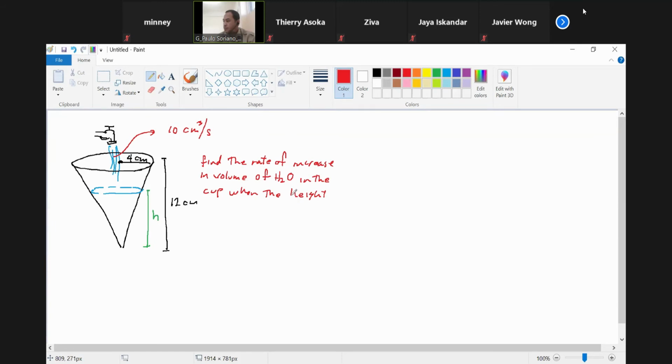Find the rate of increase in, not volume, in depth. Since we replace it with height, let's use height.